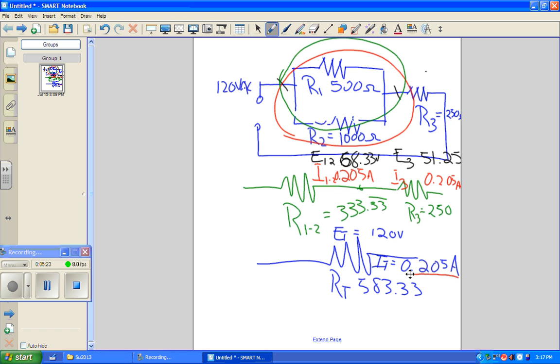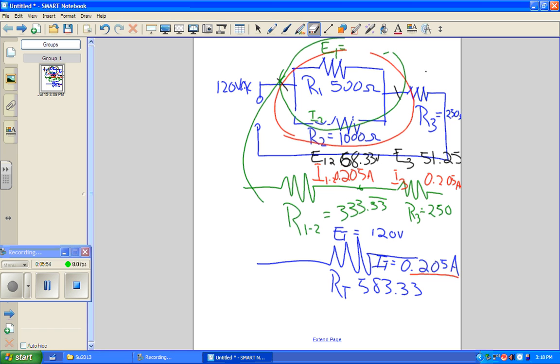So up here, we're going to put in E1, and it's a parallel circuit, so it's going to be the same voltage in both places. The voltage is 68.